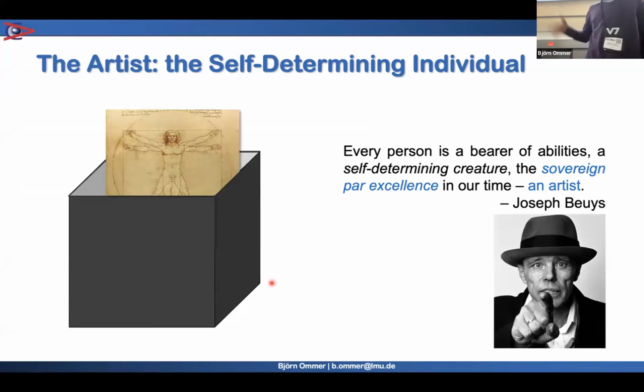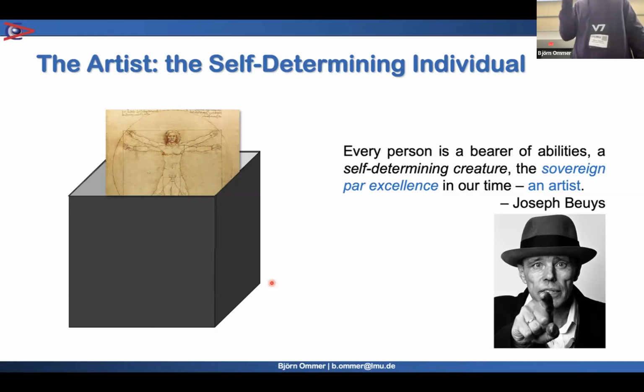Because as Beuys said, every person is actually a bearer of very particular abilities, a self-determining creature. And he concluded so nicely, the sovereign par excellence of our time, and he called that an artist. A system like we've designed it, or other generative AI systems, I want to pretty much follow what I tell the system.